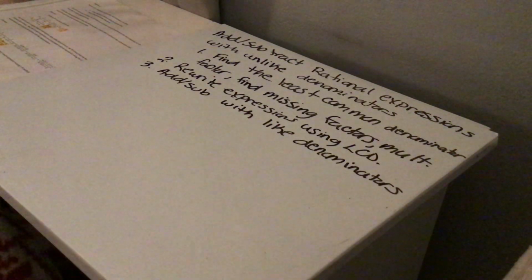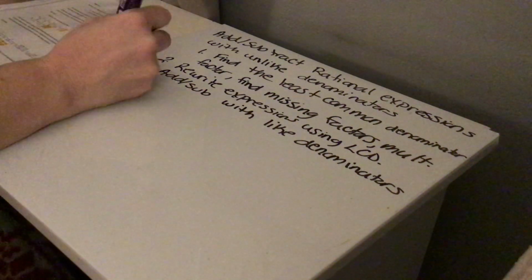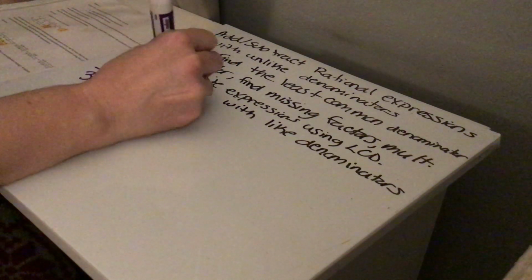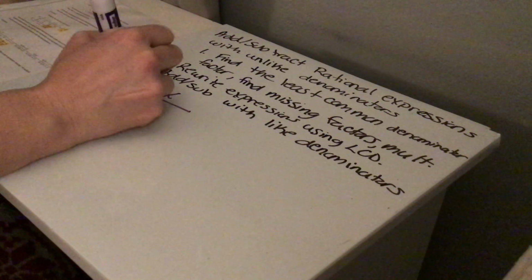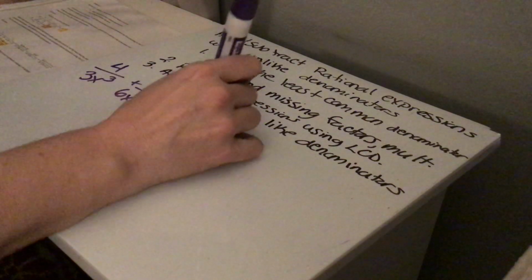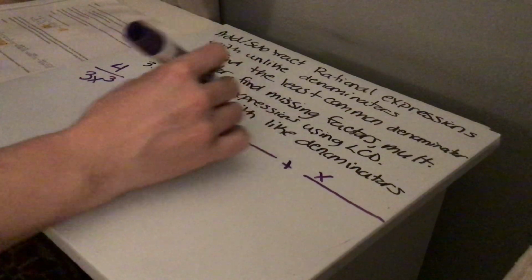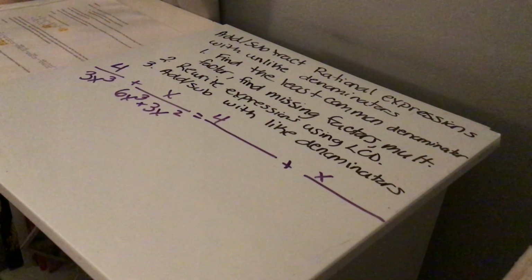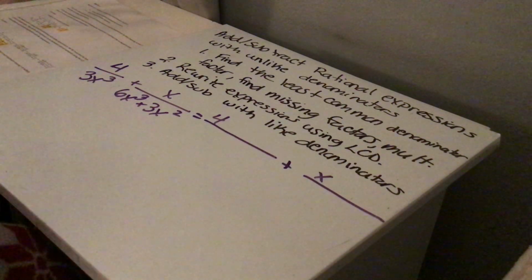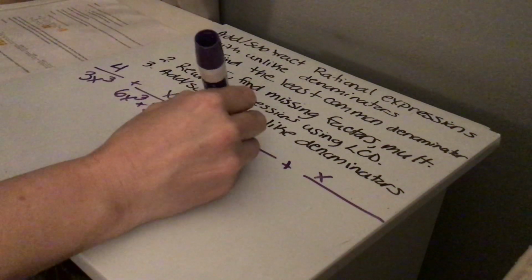Okay, so to see how this is done, right, we have 4 over 3x cubed plus x over 6x cubed plus 3x squared. Okay, so we need to rewrite these with the least common denominator. So 3x cubed, you can't really factor it, okay?